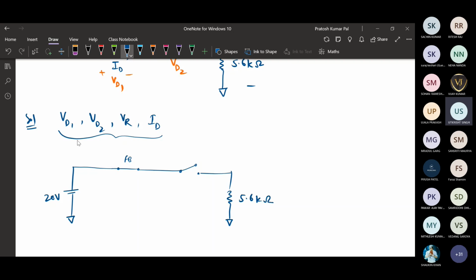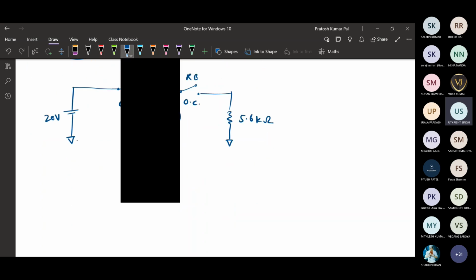If it is forward bias, we will replace it with an equivalent circuit with 0.7 volt forward voltage, and this is reverse bias, so it will be an open circuit. Because it is reverse bias, there will be an open circuit, so there will be no current flowing through this, so ID will be equal to 0.